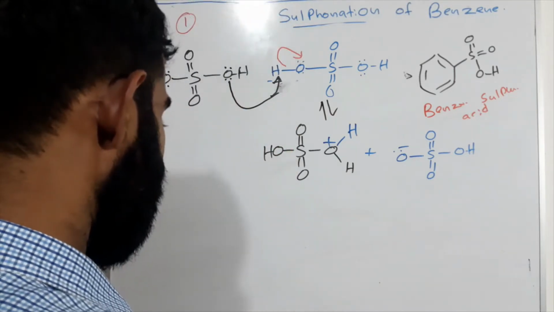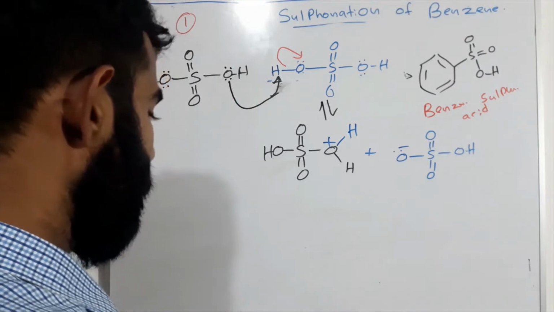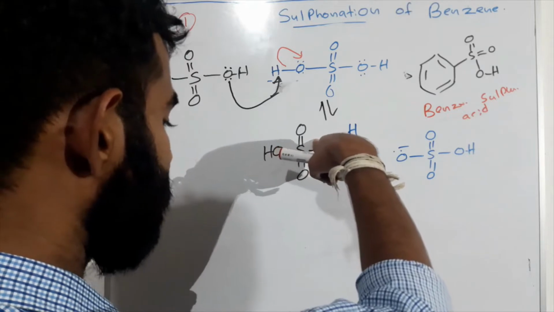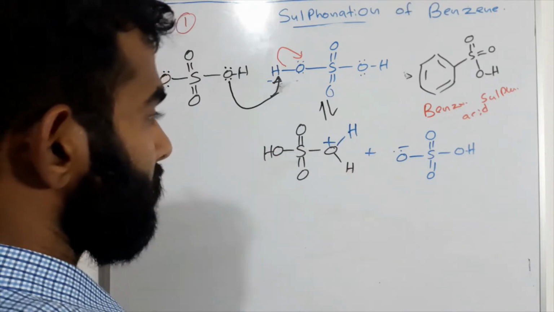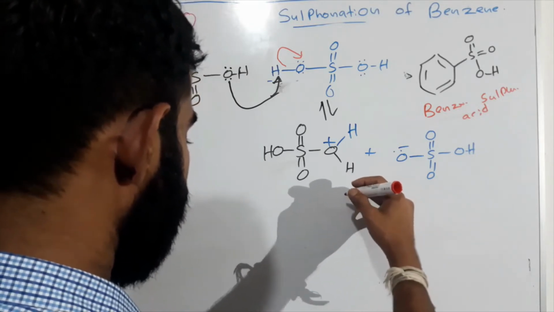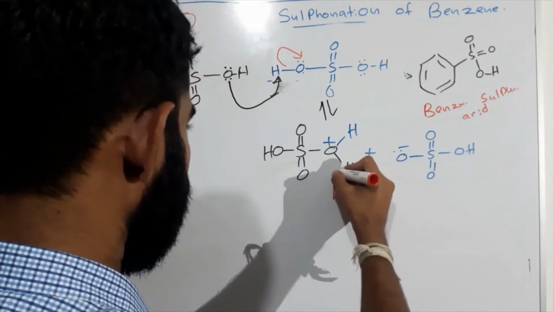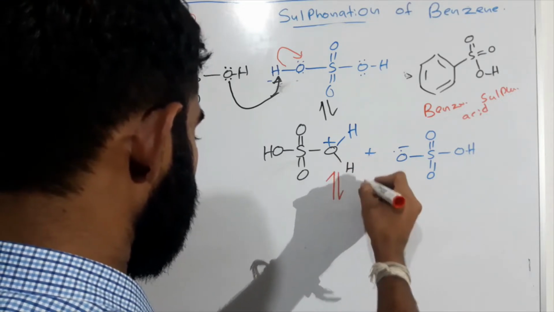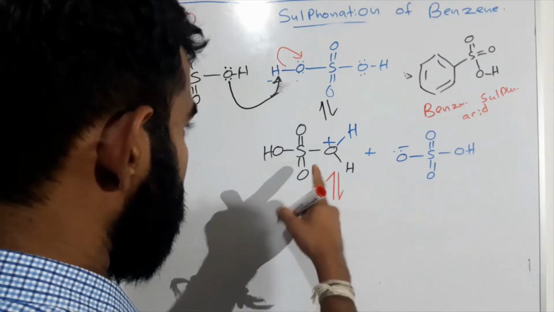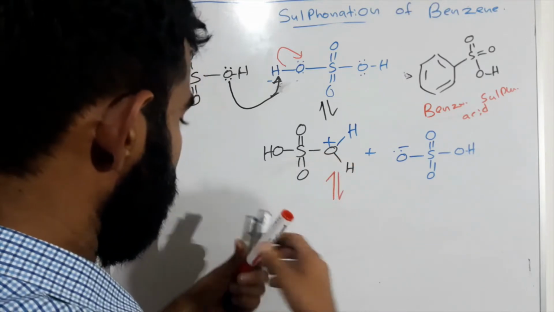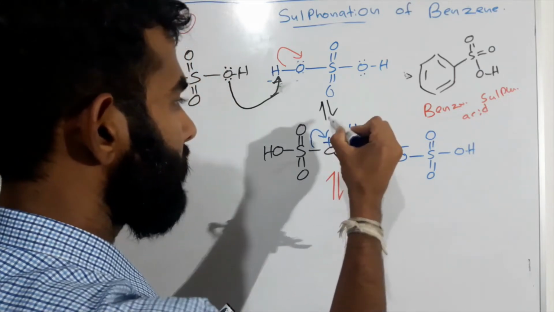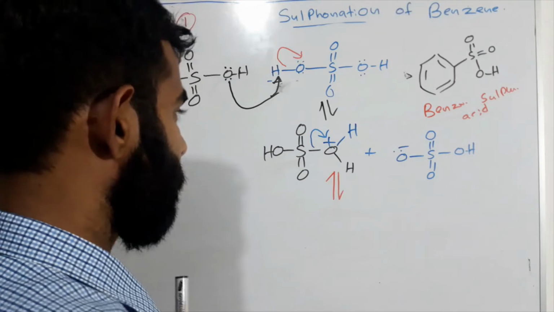So what will happen next? We know that this positive charge on oxygen is very unstable, so it will break. How? It will break like this. This bond will break towards oxygen.